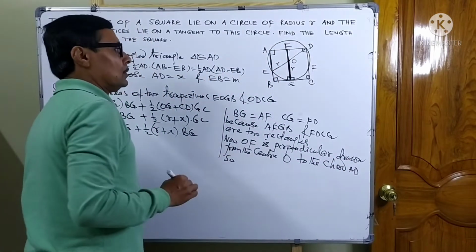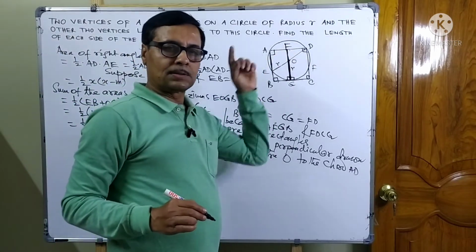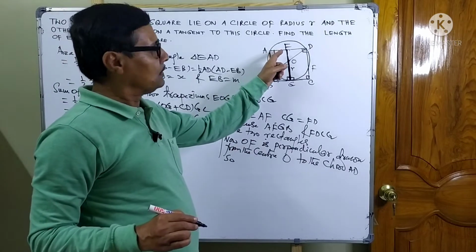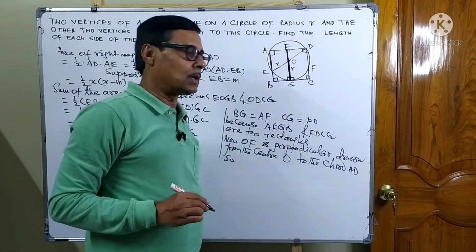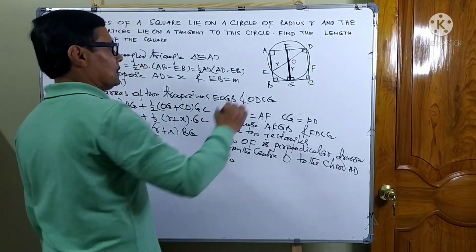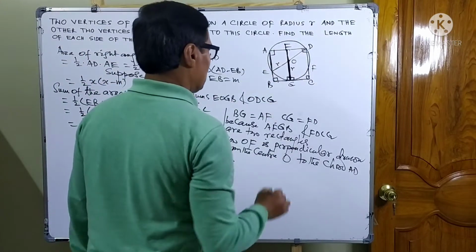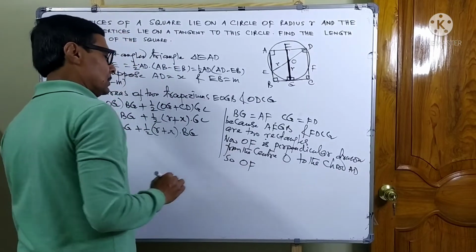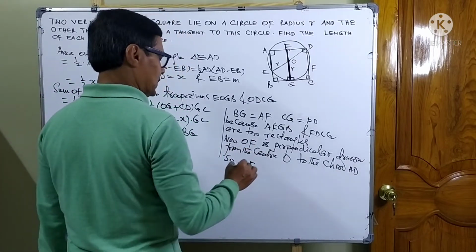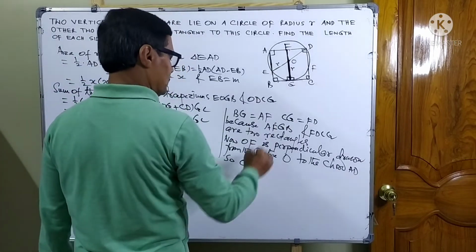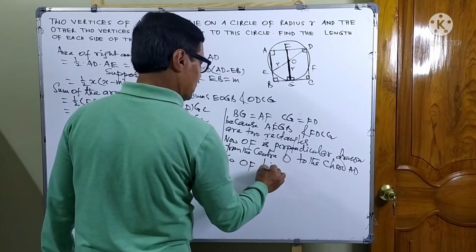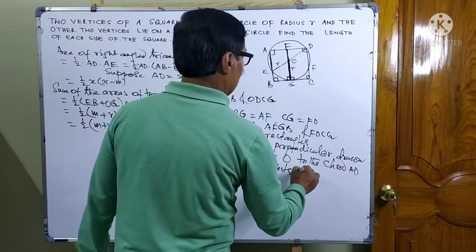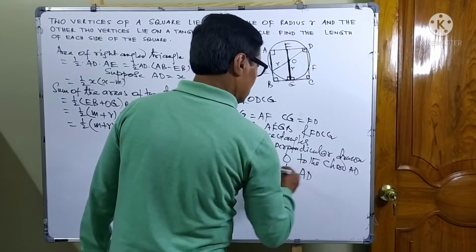So OF bisects AD. We have already known this from the theorem on circles. So OF bisects the chord AD.